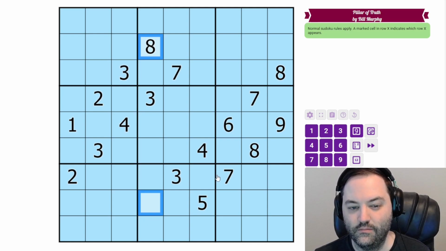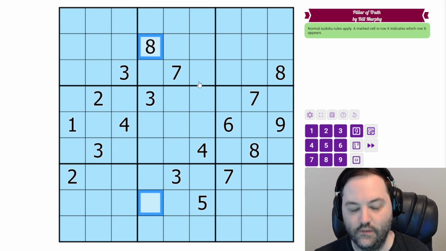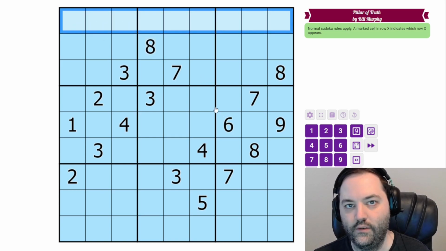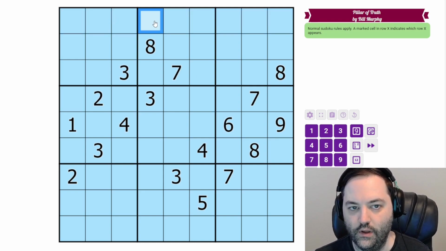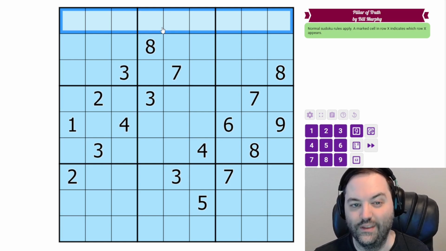So we can have 8 digits that are in pairs, but we're always going to be left with at least one that references itself. However, you can only have one self-referential digit in each row because it is the digit corresponding to that row. So if we need at least one in every column, and we only have at most one in every row, we're going to end up with exactly one in every column.